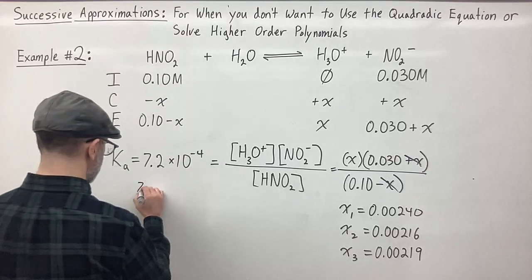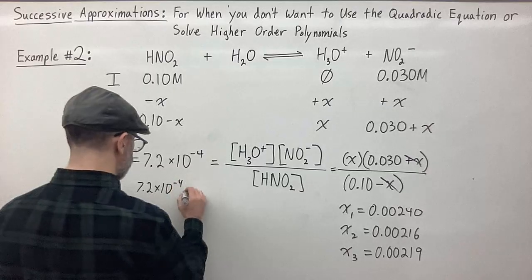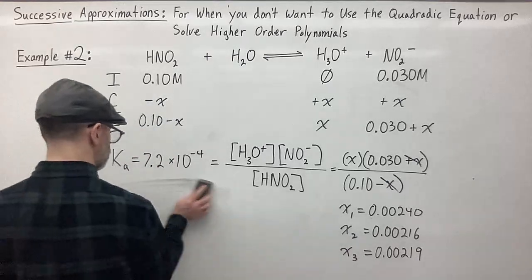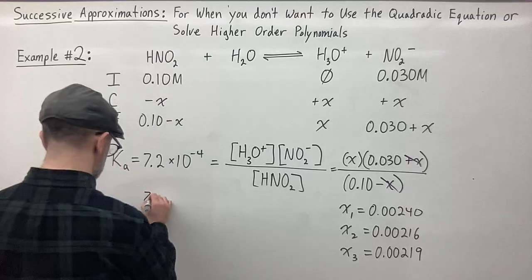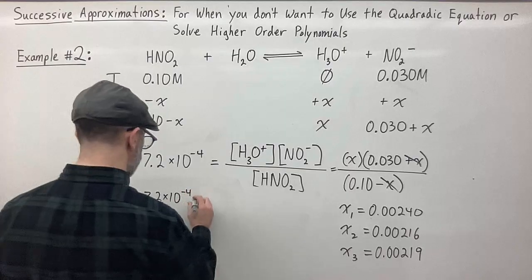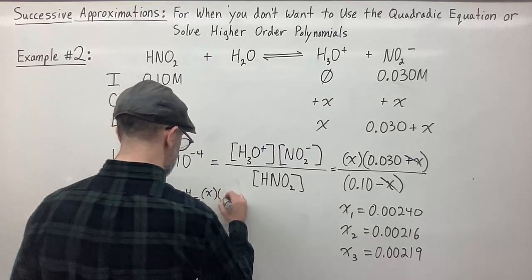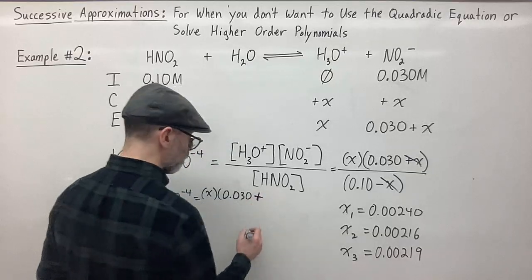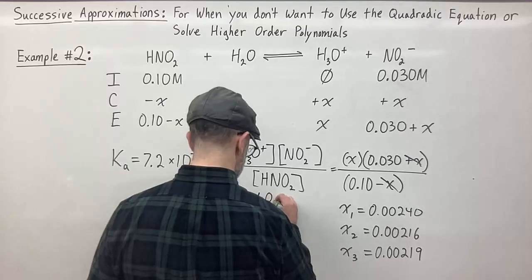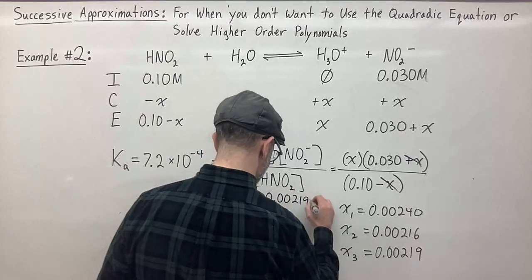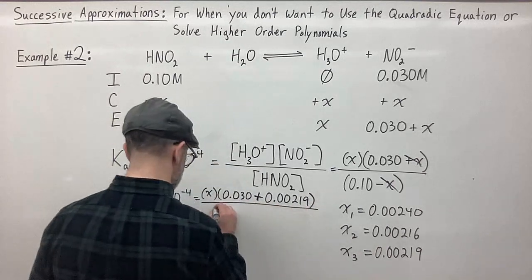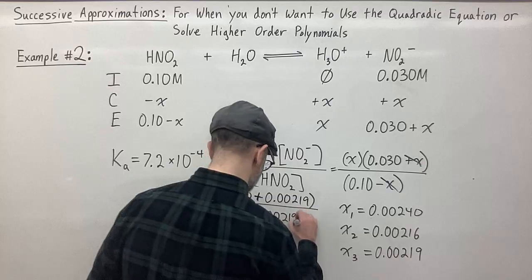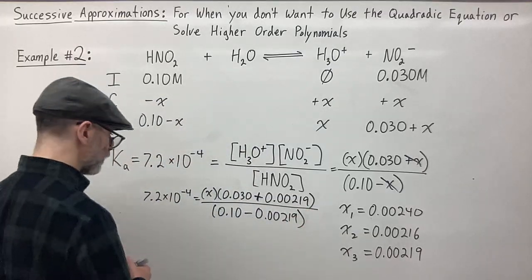So I'm going to take 7.2 times 10 to the negative 4 is equal to x times 0.030 plus x, but this time the x is 0.00219, and then I'm going to divide that by 0.10 minus 0.00219. And so let's go ahead and do that calculation.